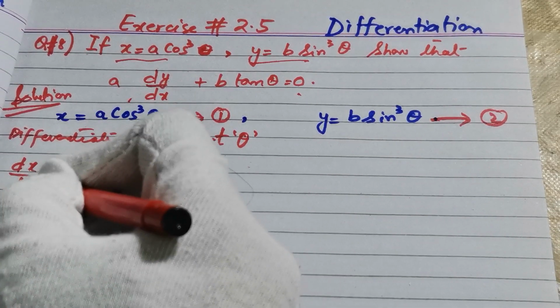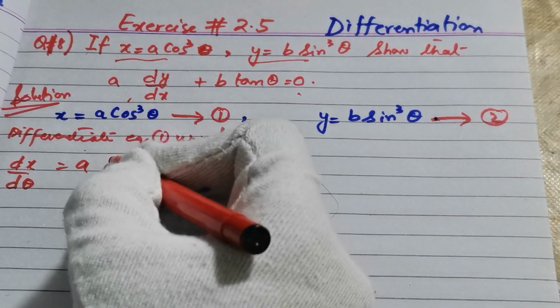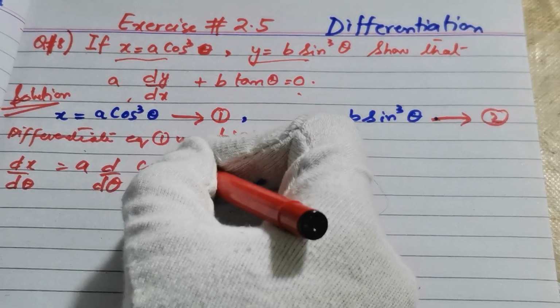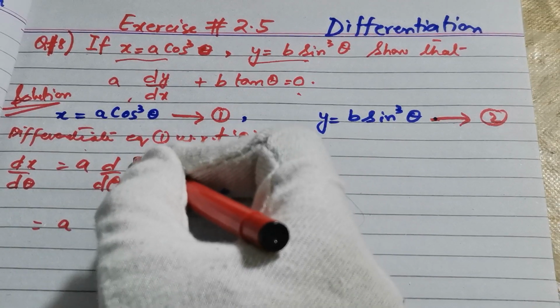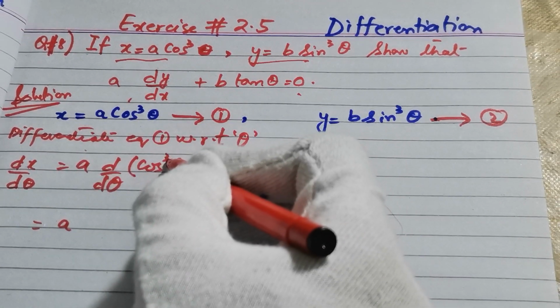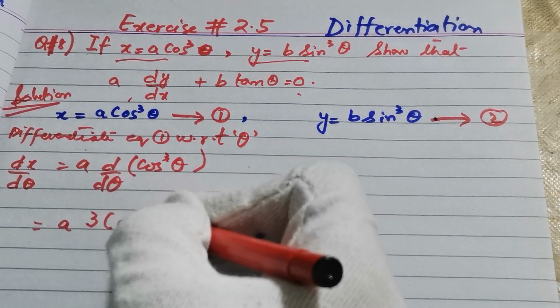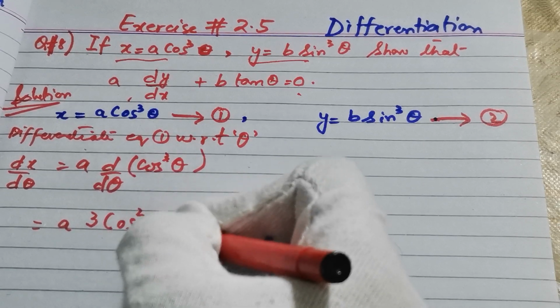dx by d theta: a is constant, so d by d theta of cos cube theta, a as it is, but we apply the power rule. According to the power rule, n is 3, x to the power n minus 1, 3 minus 1 becomes 2.